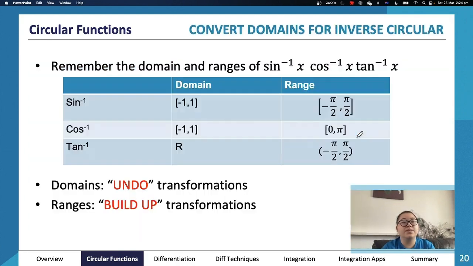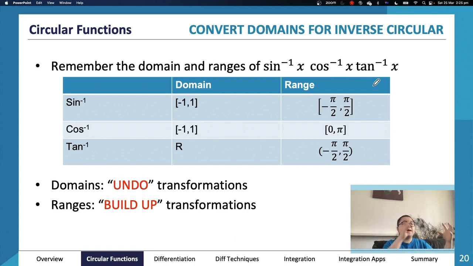Cool. Awesome. Alright. So then what we can look into is the domains and range. So this is a really nice table to work with, and I think it's a really good one to utilize and have handy. So with domains for our inverse circular functions, what we want to do is undo the transformations, because we must have everything fit between -1 to 1, right?